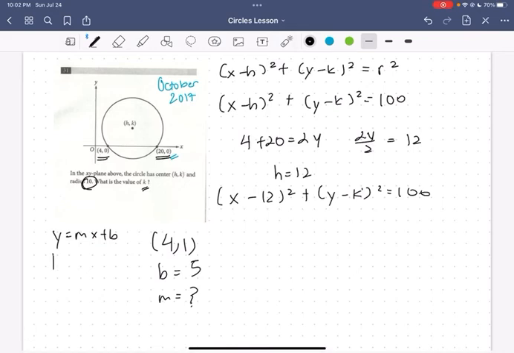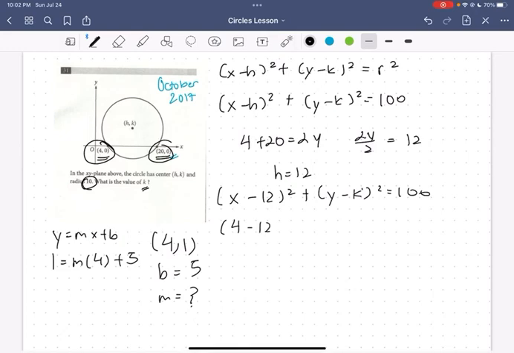So I would go 1 equals m times 4 plus 5, and I would solve, and I'm not going to do it because it's a waste of time, but that's the same idea. I'm going to plug in one of these two points because they're given to me and they're useful, okay? So I'm going to choose (4,0) just because it's a smaller number, and smaller numbers are usually easier to work with. Not necessarily true, but yeah.